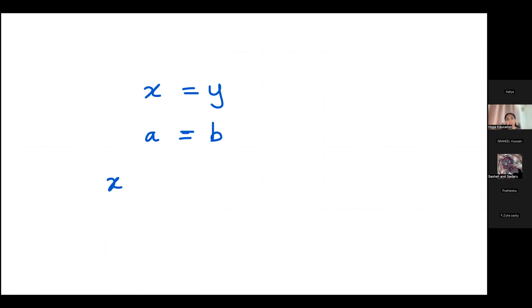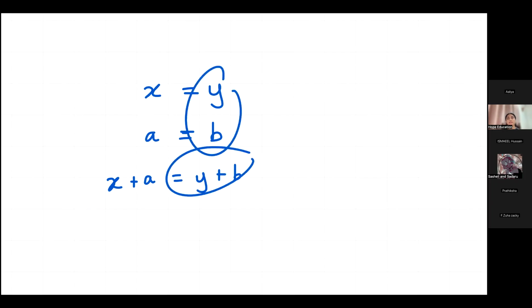Therefore, x plus a will be equal to y plus b. This is one of the axioms. Did you get this earlier? If they have given that x is equal to y and a is equal to b, separately they are equal, so we can combine them. Then x plus a will also be equal to y plus b. Is that clear? This is one of the axioms.